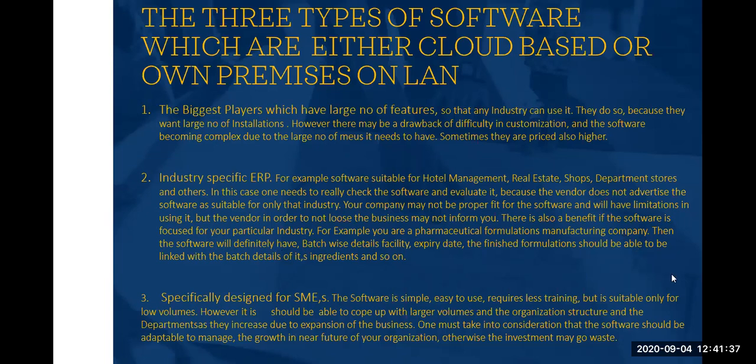One thing is, sometimes the ERP software is very industry specific, but the vendor may not state it in its literature because it may feel it will lose business from other industries. But you have to evaluate whether this limitation is manageable.